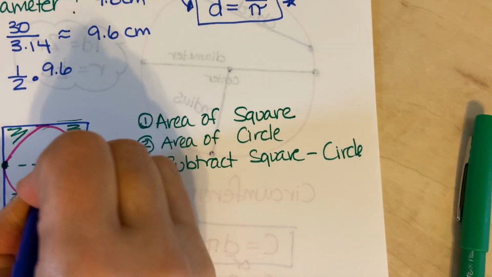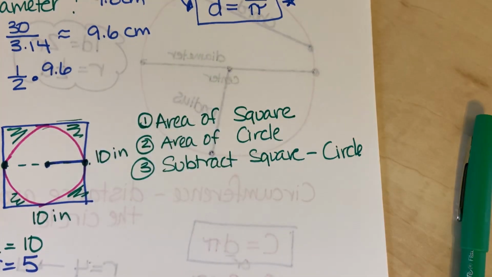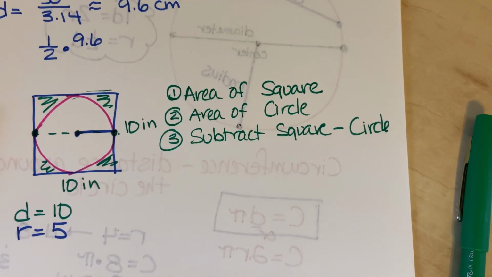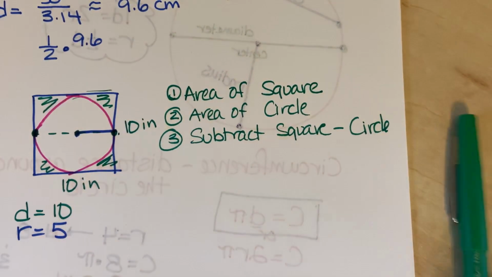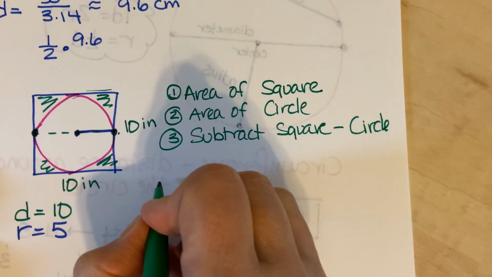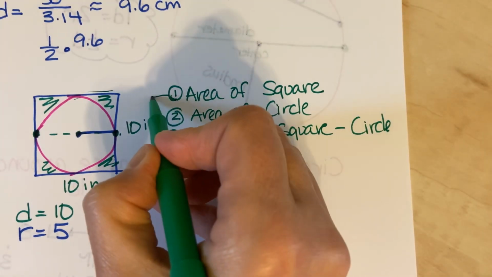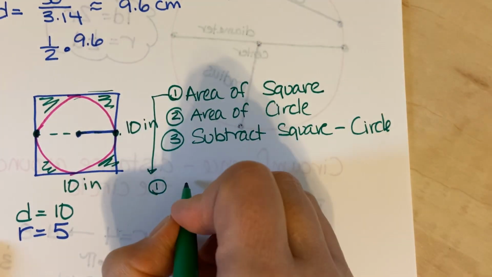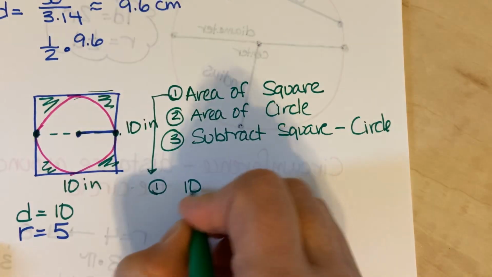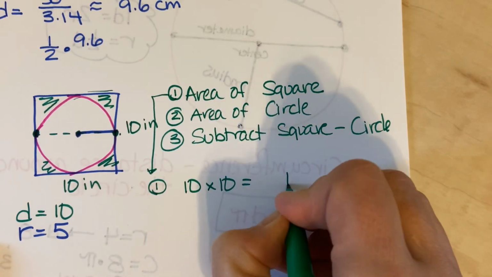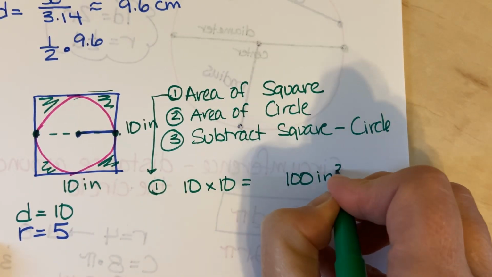So my radius would be just from here to here. That's what I need to find area, okay? So let's do the area of the square. We'll do that first. My area of my square would be 10 times 10, base times height, and I would get 100 inches squared.